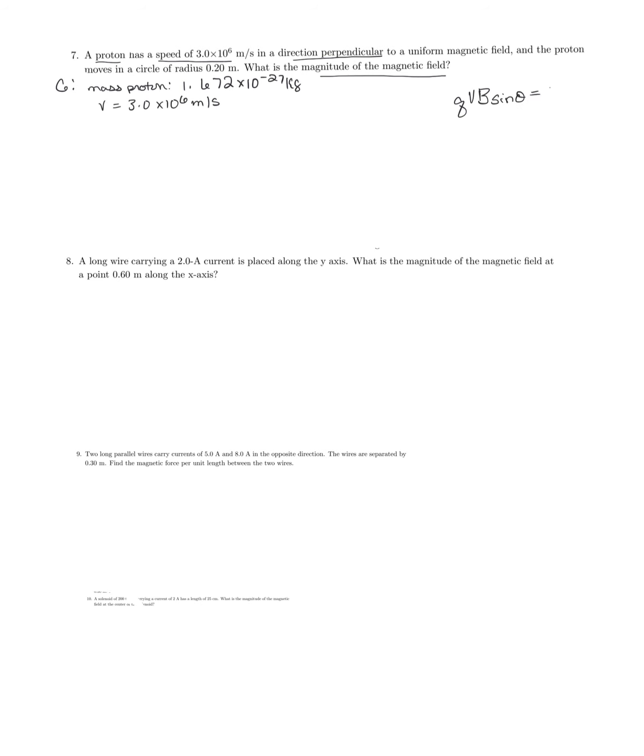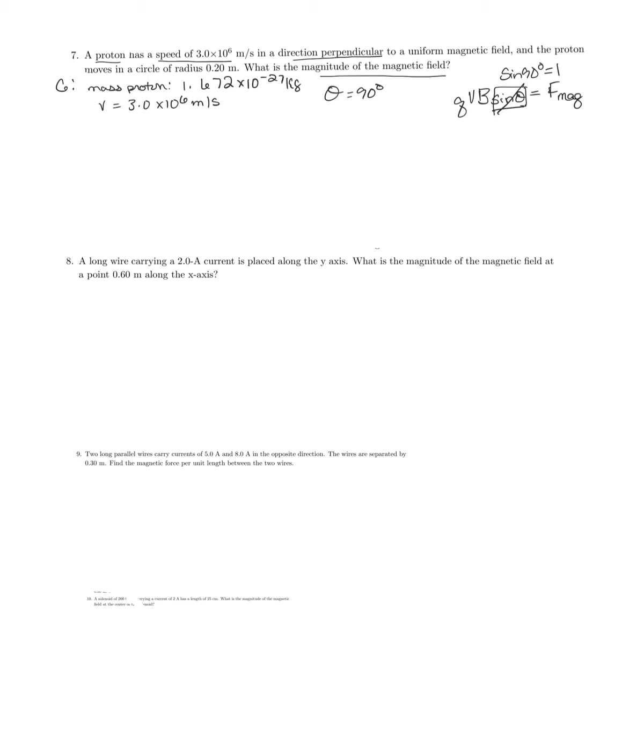This is the force due to a magnetic field. Well, if it's perpendicular, then this is going to be sine of 90, and that equals 1. So that essentially just goes away. When you're given things like that, pay attention to all these little key things. So our direction is sine of 90, so our theta is 90 degrees.